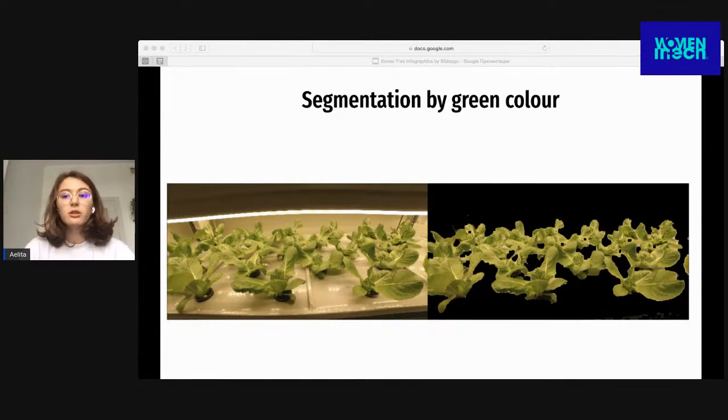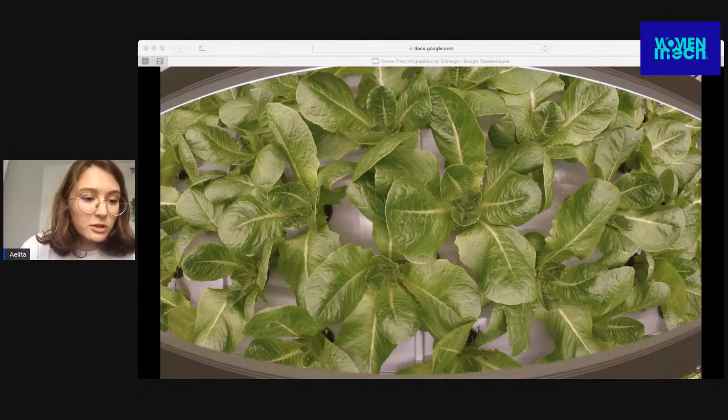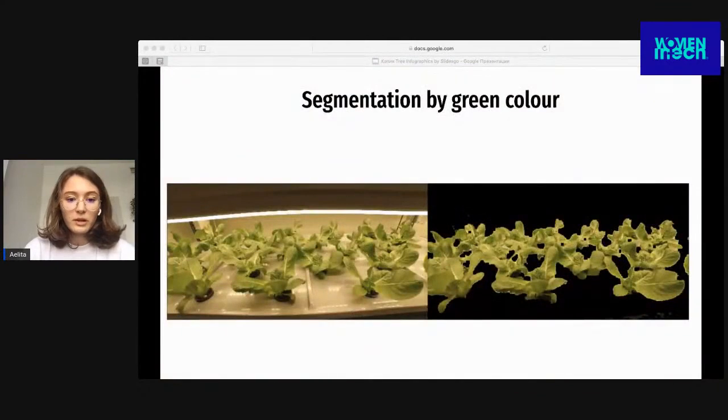But the problem is that not all plants are visible in the picture, and as plants get bigger, fewer plants are visible. For example, in this picture, you cannot see the first row really clearly, and taking this information into account, we restricted our vision to the first 3 plants from the front view.